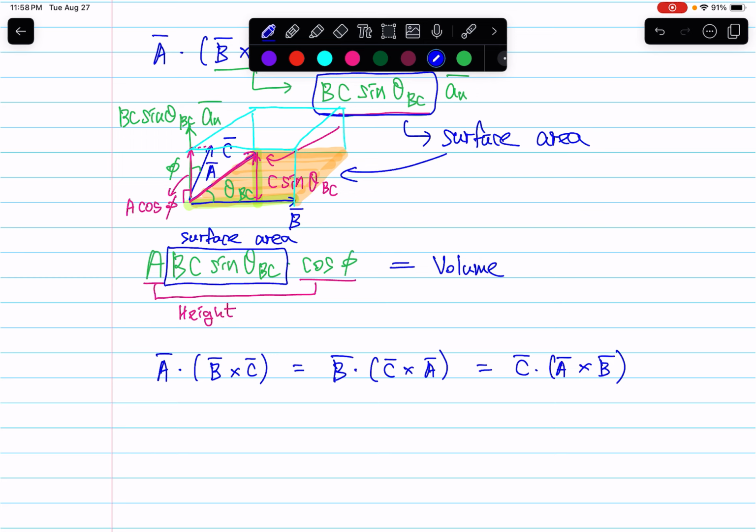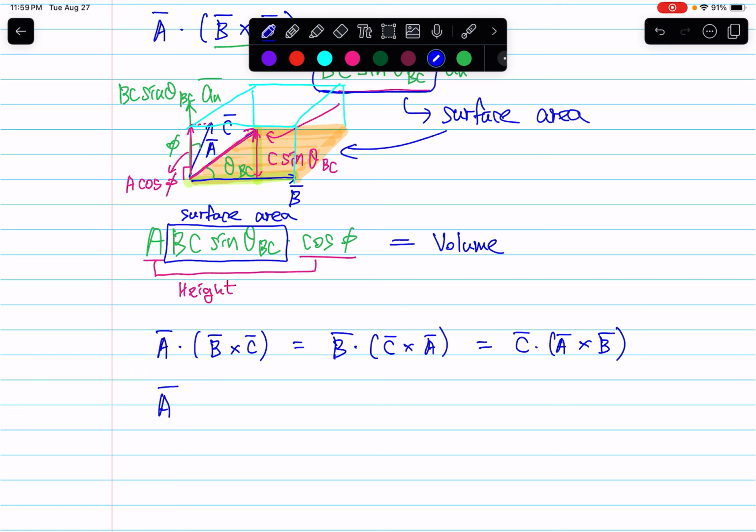However, in another case, if you basically swap the location of vector C, so instead of B cross C, you're doing C cross B, then, as discussed earlier, because of the right-hand rule, the direction of the normal vector resulting from this switch in the vector location in the cross product will result in a minus sign.